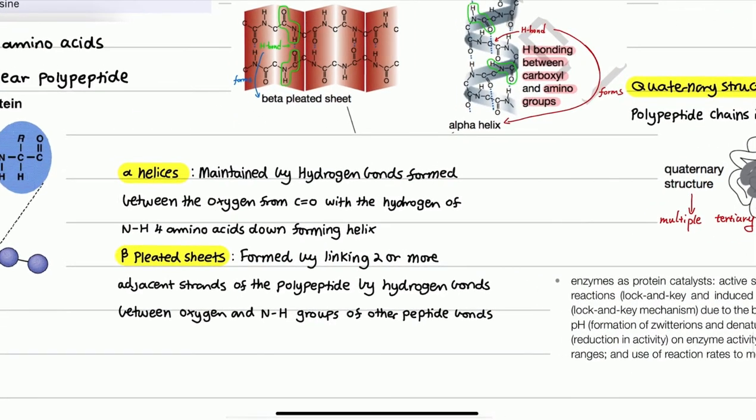So an alpha helix is maintained by hydrogen bonds formed between the oxygen from carbon-to-oxygen double bonds and the hydrogens of N-H bonds, four amino acids down, forming a helix shape. And a beta pleated sheet is formed by linking two or more adjacent strands of the polypeptide by hydrogen bonds between oxygen and nitrogen groups of other peptide bonds.